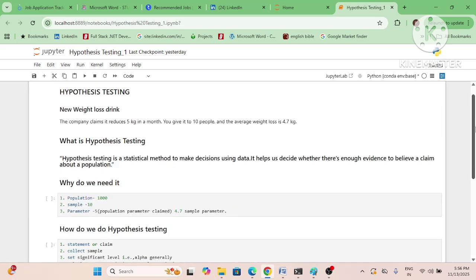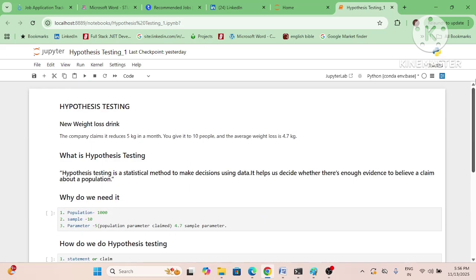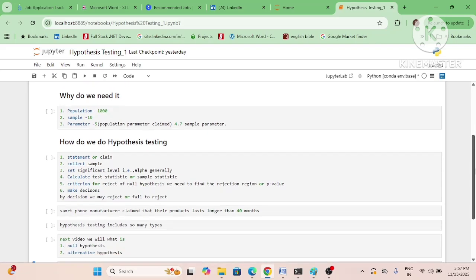So these are the definitions of null hypothesis and alternative hypothesis. But based on the problem, we will define what is the null hypothesis and what is the alternative hypothesis. In yesterday's example, the company claims it reduces 5 kg in a month. So the company claims, we are not believing.